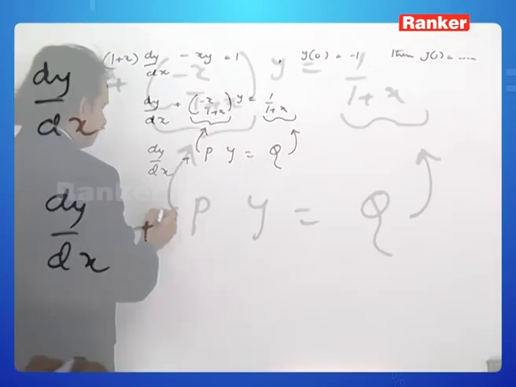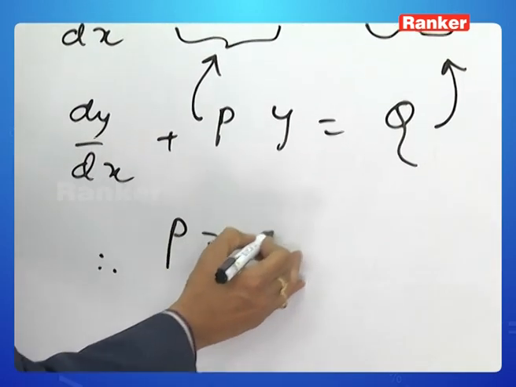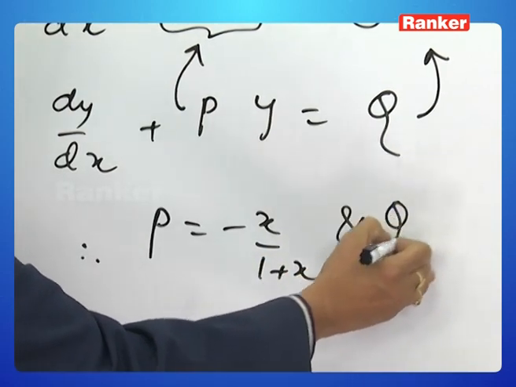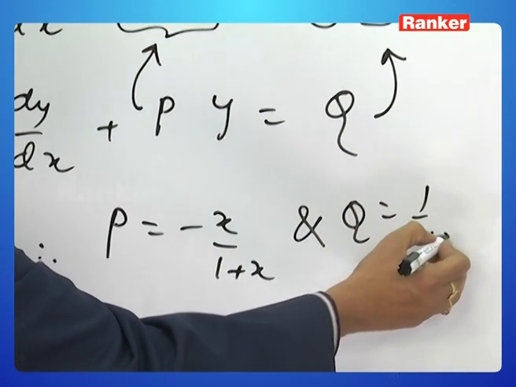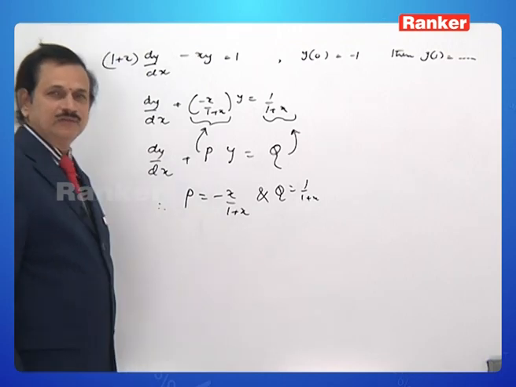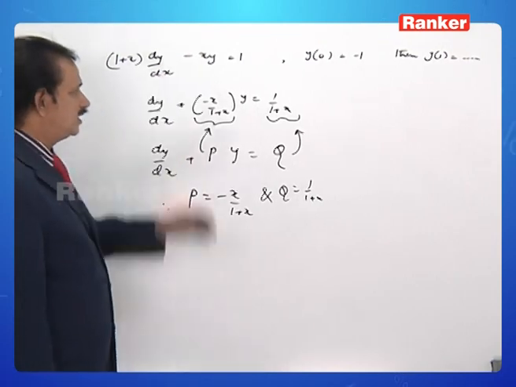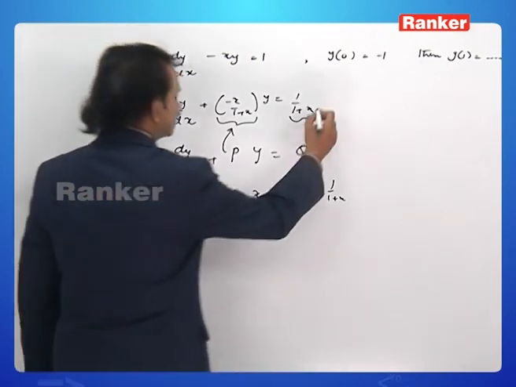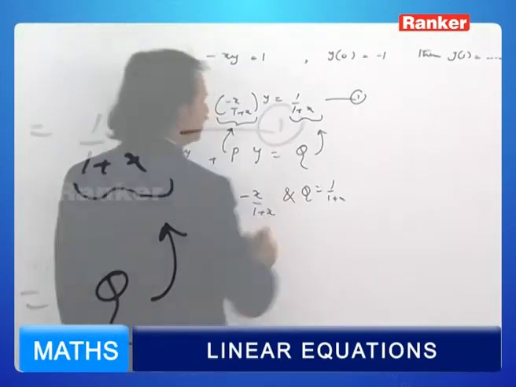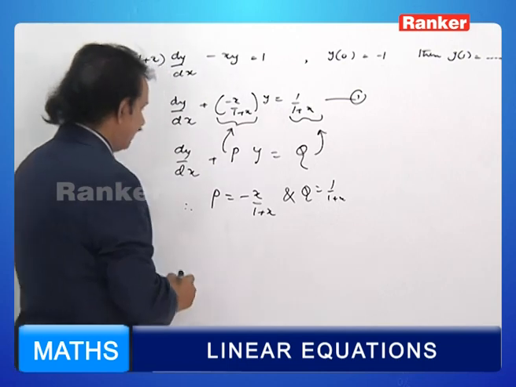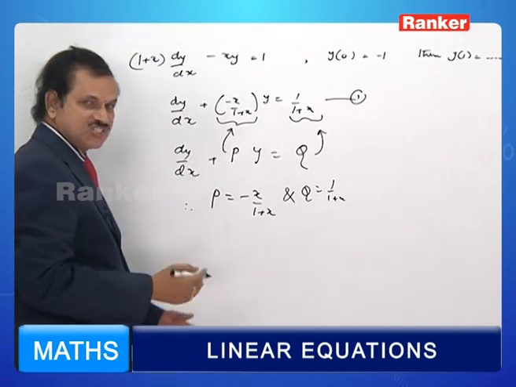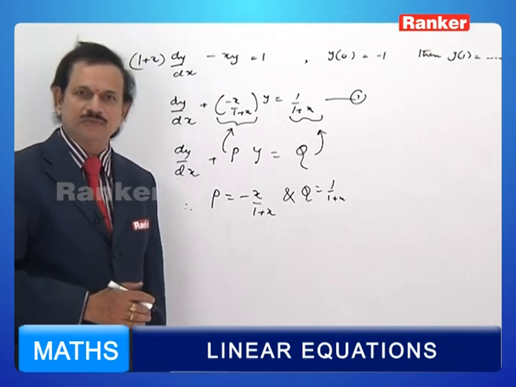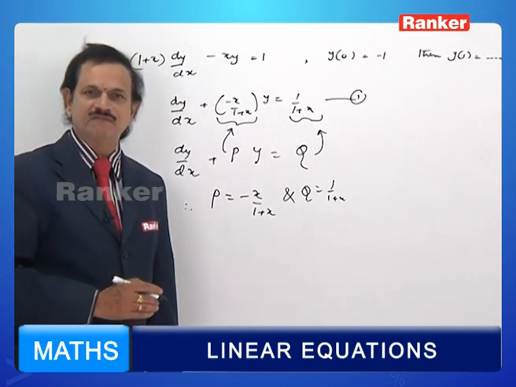Isn't it? Therefore, P is equal to minus x by 1 plus x and Q is equal to 1 by 1 plus x. Therefore, we declare that this equation is linear in y. Call this equation 1. What is the immediate step that you have to perform? You are supposed to find the integrating factor first.